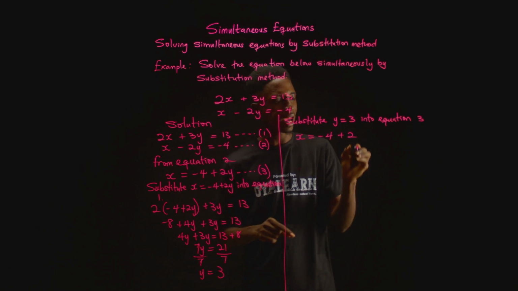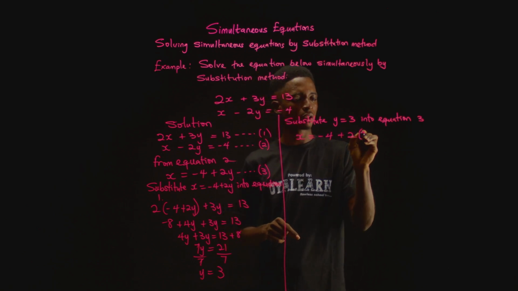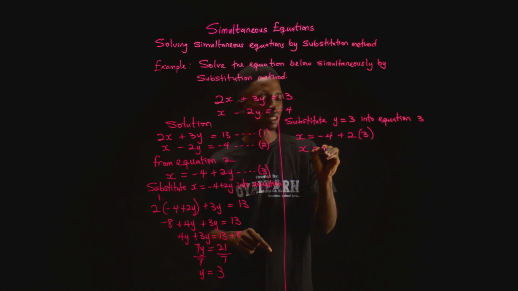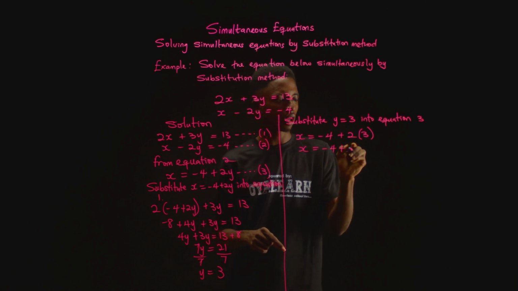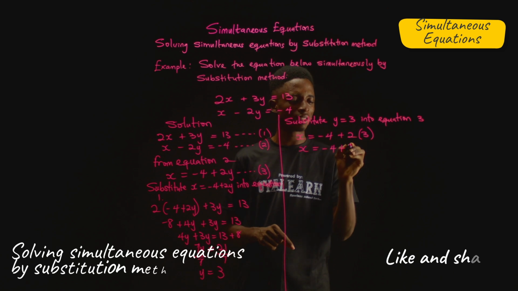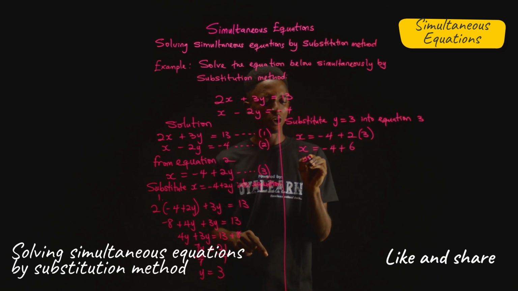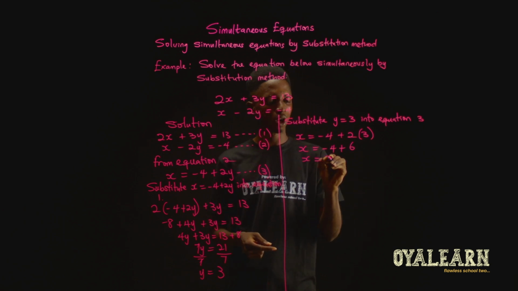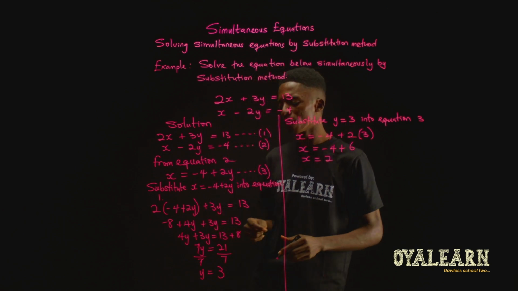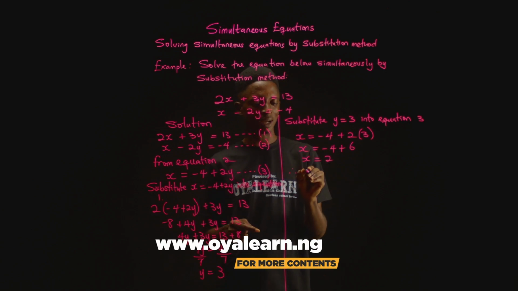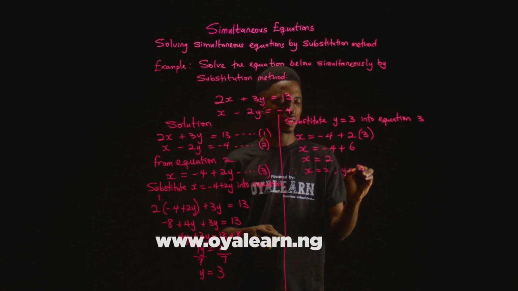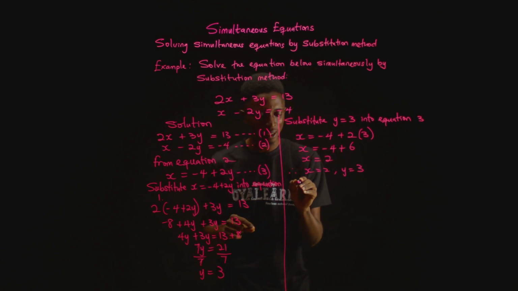So instead of y, we would have the value of y, which is 3. Now we see that our x equals minus 4 plus 2 multiplied by 3 gives us 6. Therefore, our x is minus 4 plus 6 will give us plus 2. Now we have the value of x and y, so we can write it by saying x equals 2 and y equals 3. The final step is to check.